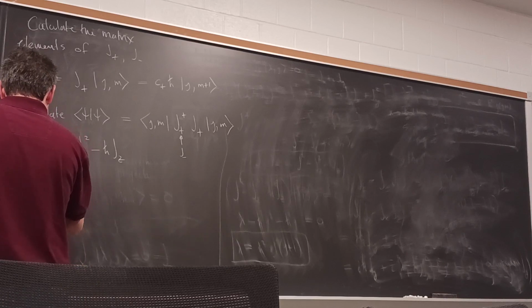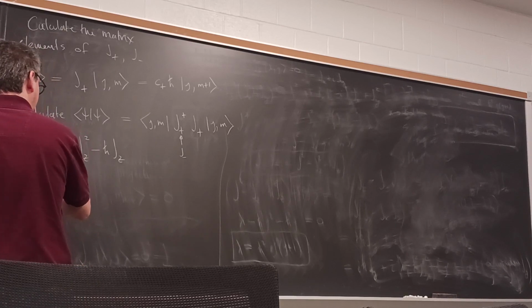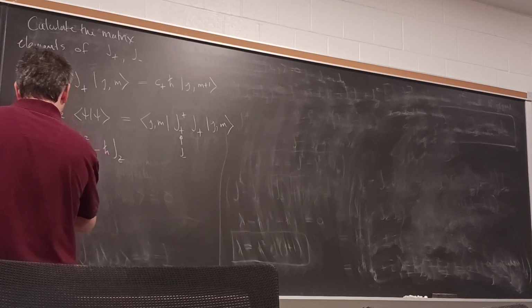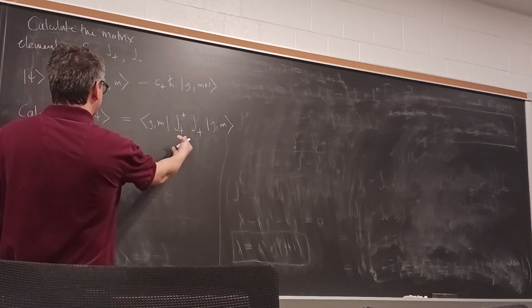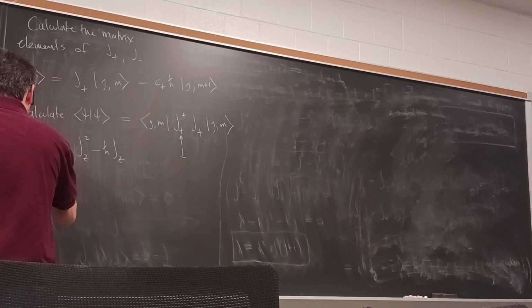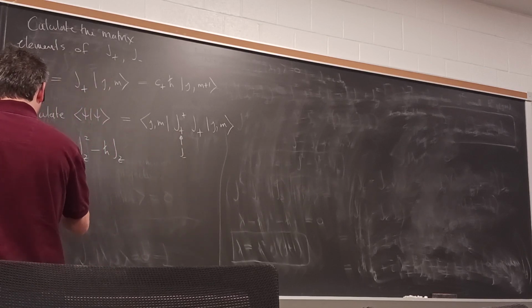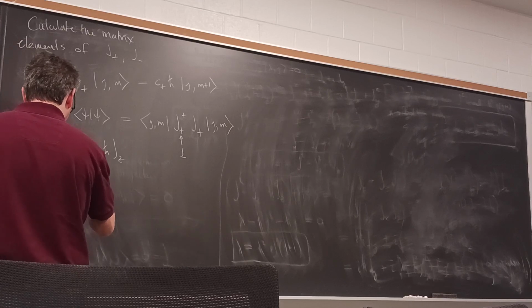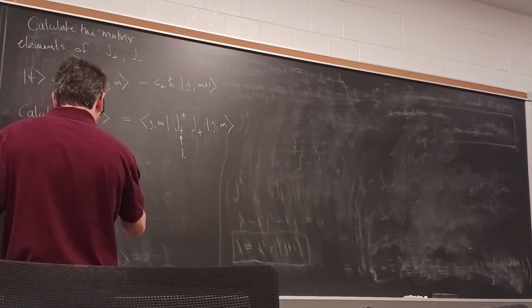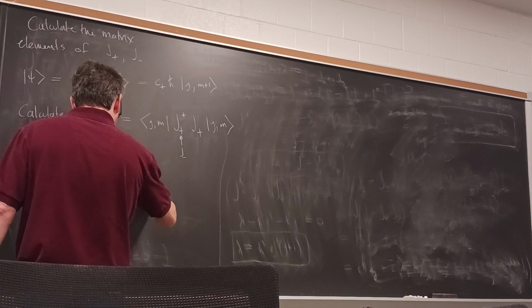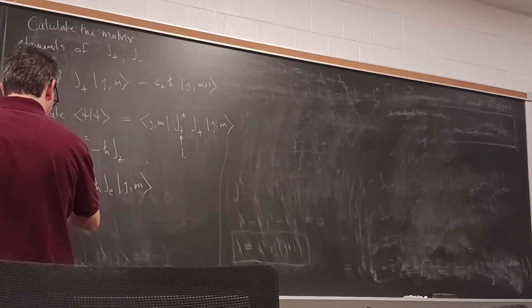Okay, so if we plug it in, we'll have Jm, and then J squared minus Jz squared minus h bar Jz, Jm. But this is equal to what?